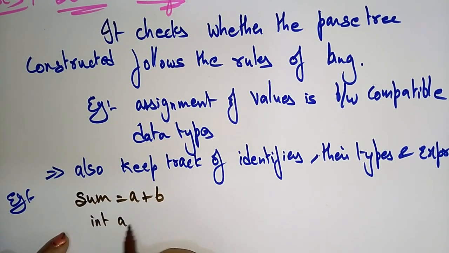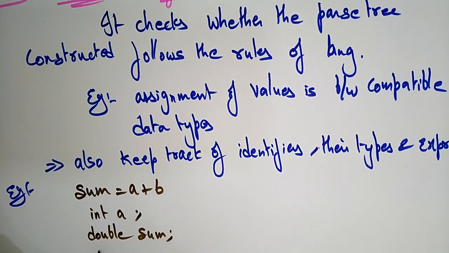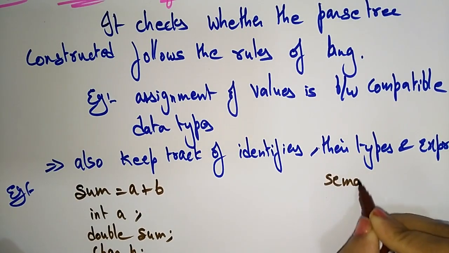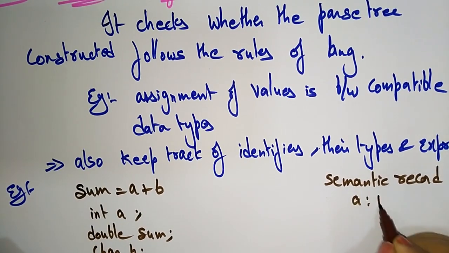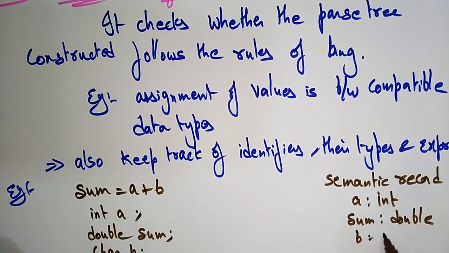Suppose the declarations of these variables are: a is integer, sum is double, and b is character. So what will the semantic record store? The semantic record stores a as integer, sum as double and b as character.